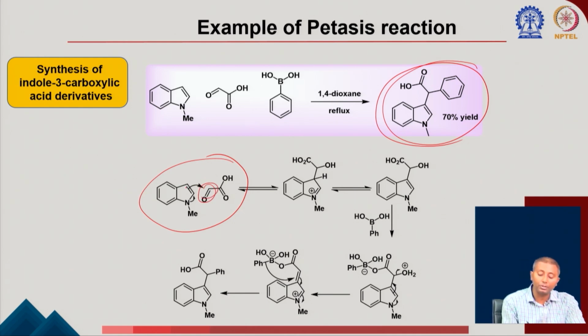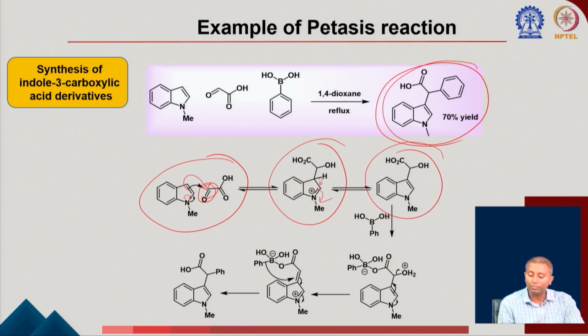You have learned that indole is going to attack an electrophile from the C3 position, adding to the corresponding carbonyl group first, forming this species which can abstract a proton to get to the corresponding indole. Now the boronic acid comes into play. The boronic acid can protonate this to get to this type of intermediate species. Now it is allowing this 1,2 migration to take place to neutralize this imine and get to the corresponding product.